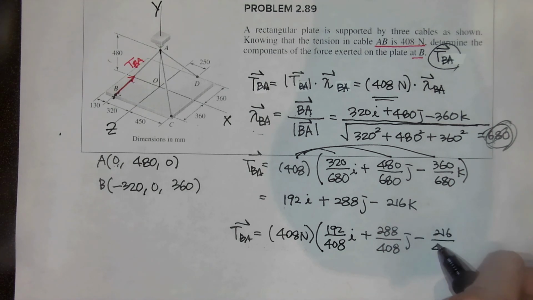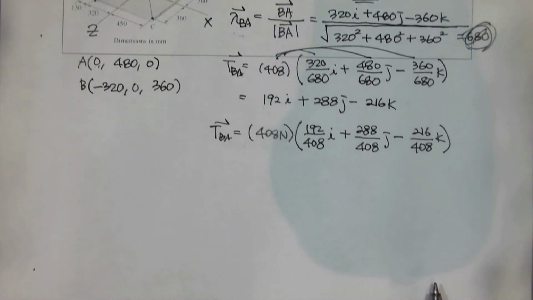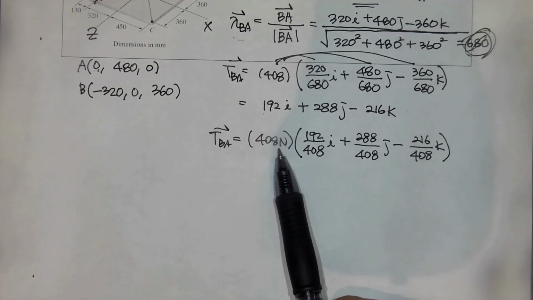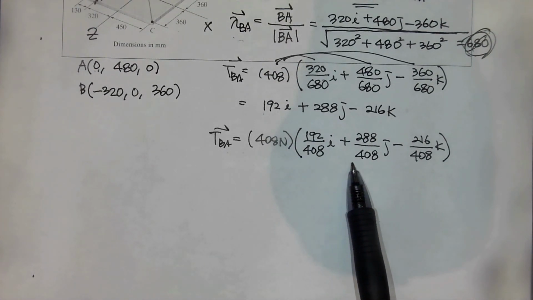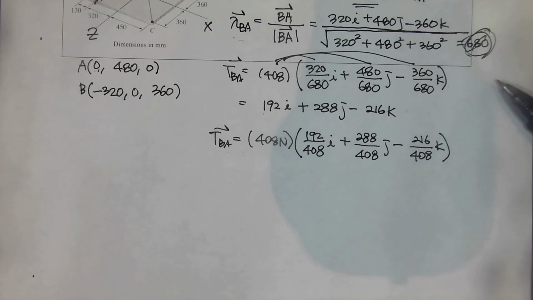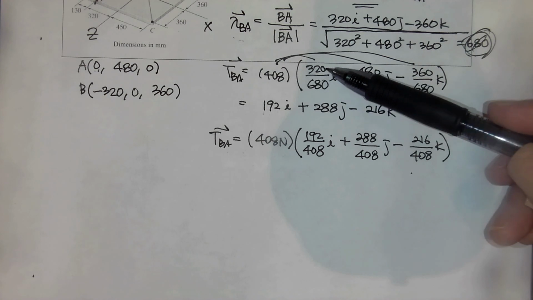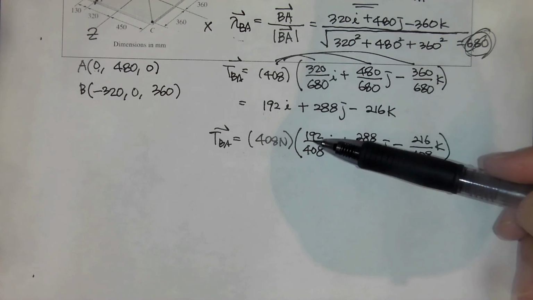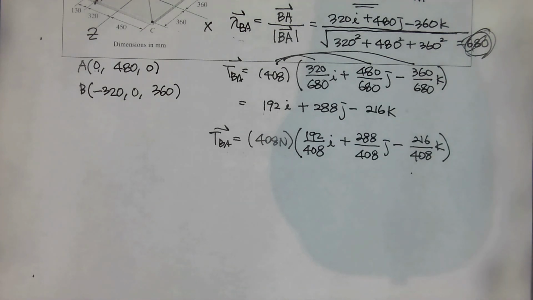So this is indeed what I showed you in the slide earlier, right? So magnitude times the directional vector. So when you compare this and this, it should be the same, just different numbers, but the ratio is the same, okay?